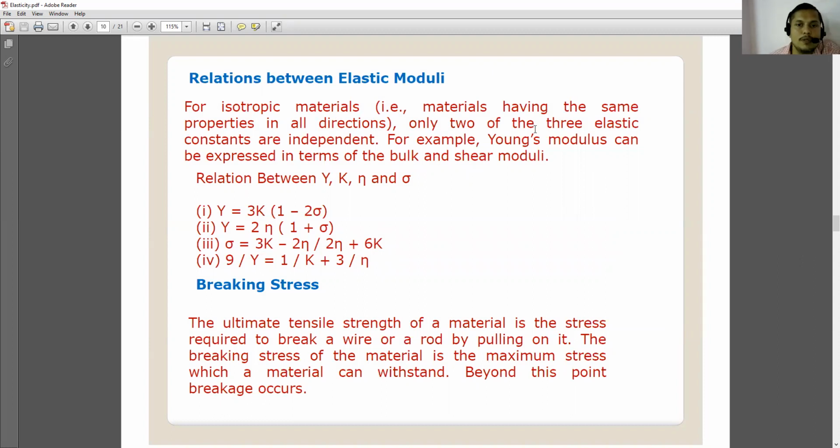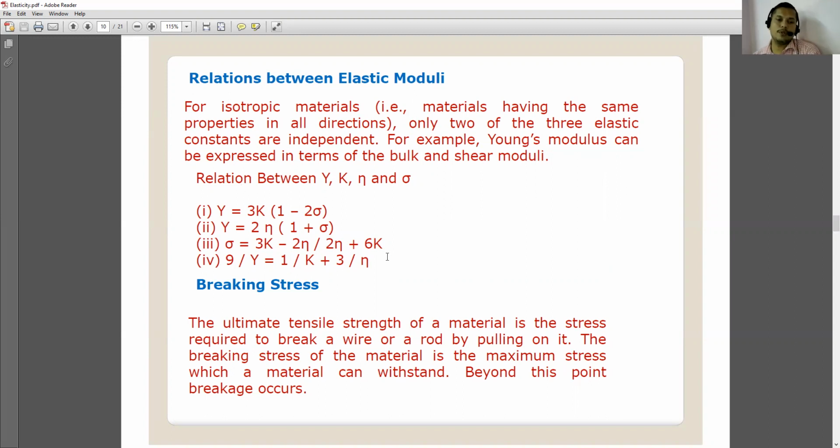For isotropic materials, that is materials having the same properties in all directions, only two of the three elastic constants are independent. For example, Young's modulus can be expressed in terms of the bulk and shear moduli. So a relation between Y, K, N and sigma is given by these equations.